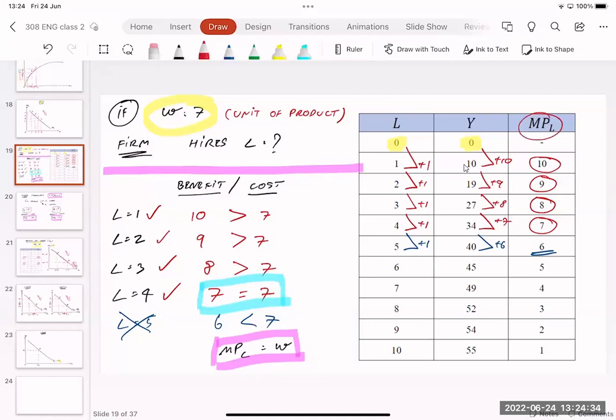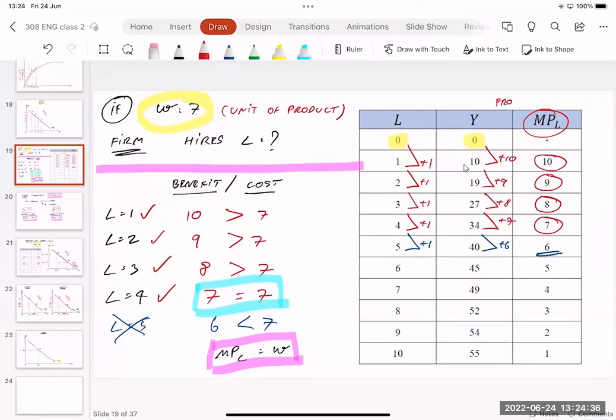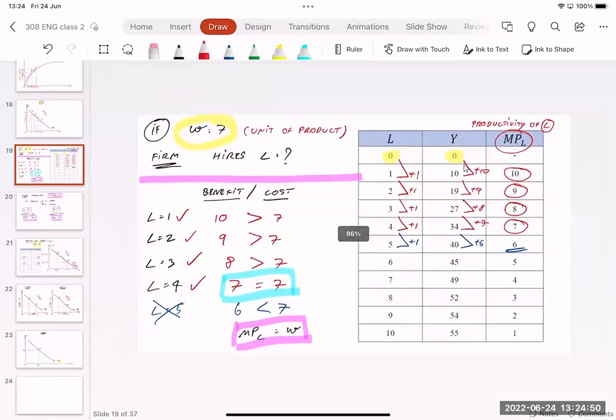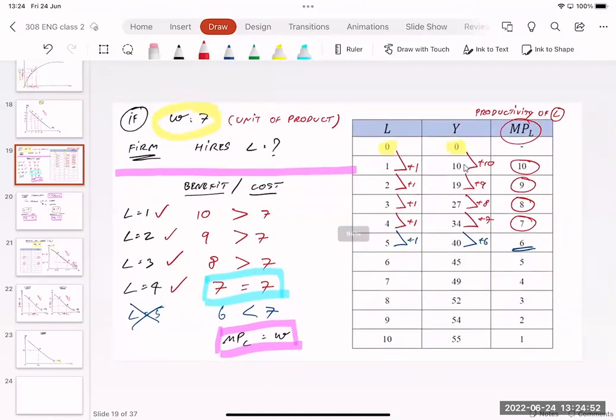MPL, by another name, you can call it the productivity of labor. MPL is like the productivity of the labor. If MPL is increasing, it means that labor can produce more.